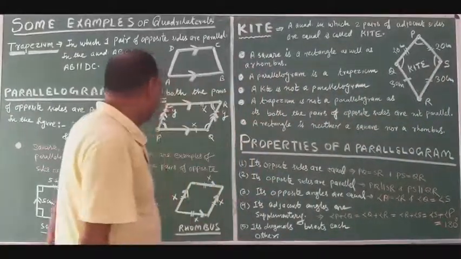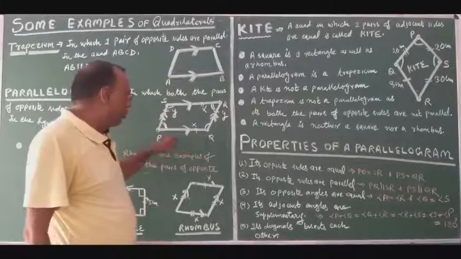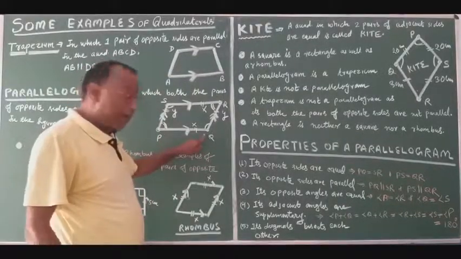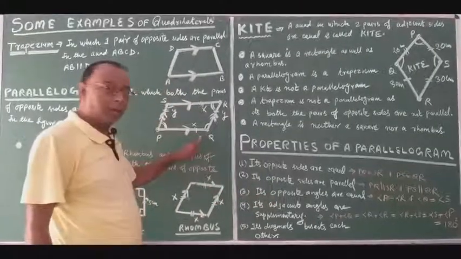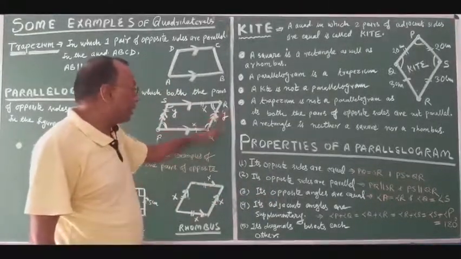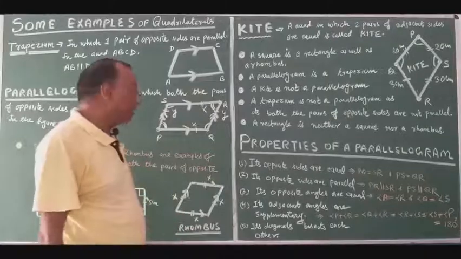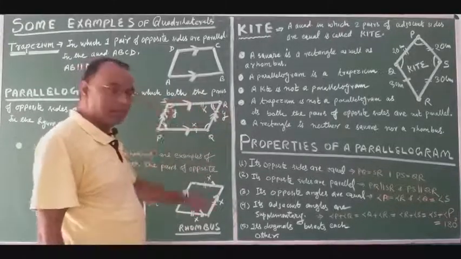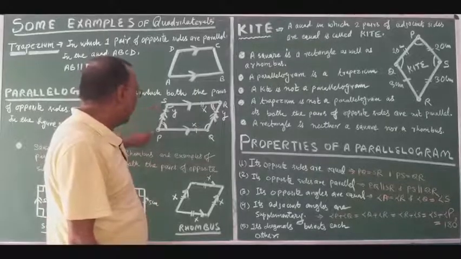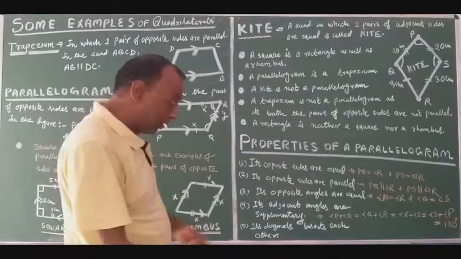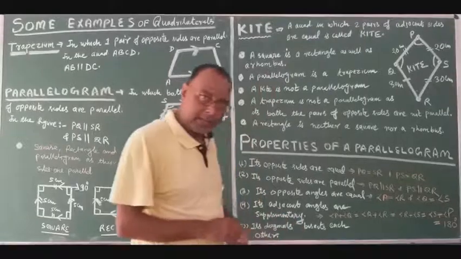Same in this figure. This P and Q both are adjacent angles and they are called supplementary. It means their sum will be 180 degree. Q and R are also adjacent angles. The pair of R and S are also adjacent angles. Angle S and angle P is another pair of adjacent angles.